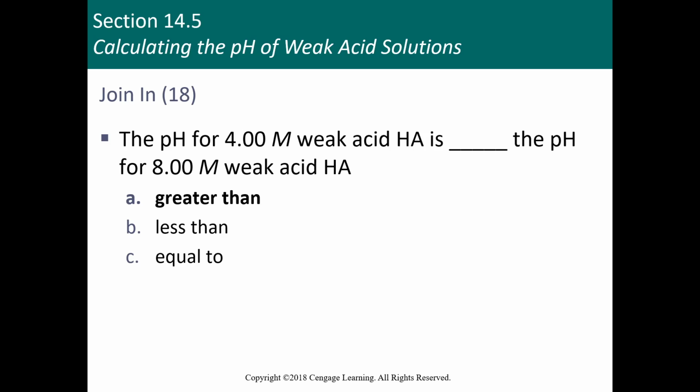Remember that as you add more acid, it becomes more acidic, right? The more acidic something is, the lower its pH. So the pH for the 4 molarity will be larger than the pH for this 8 molarity weak acid here. Remember, this will be a less acidic, more basic solution here. This will be more acidic, lower pH here.